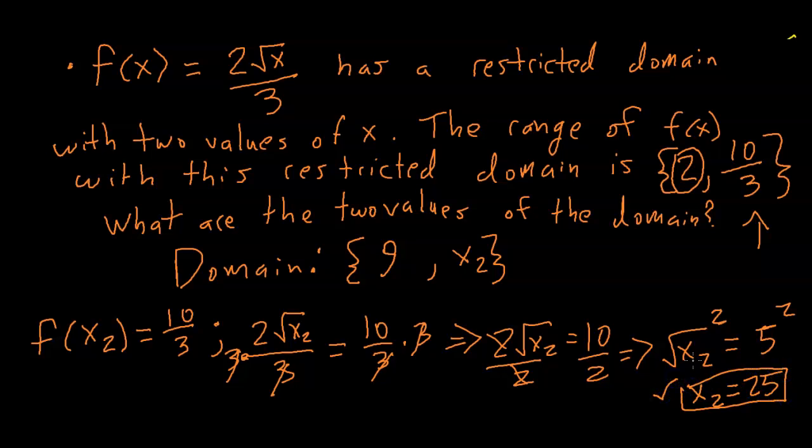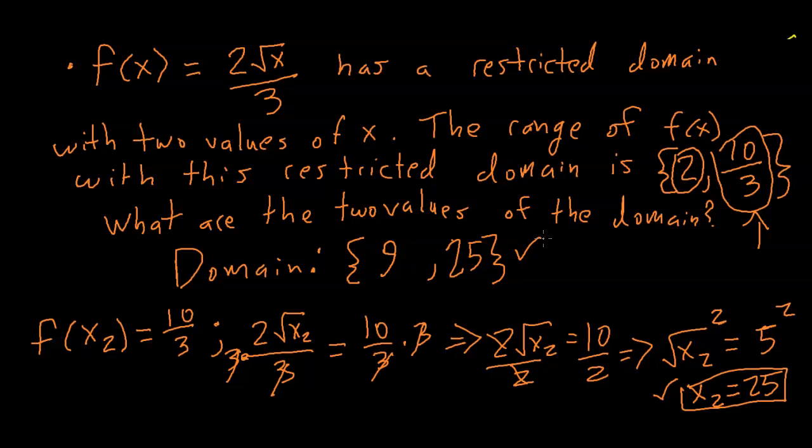So therefore, the value x equals 25 produces our second output in the range 10 over 3, and therefore our second value of the domain must be 25. All right, so our restricted domain is 9 and 25.